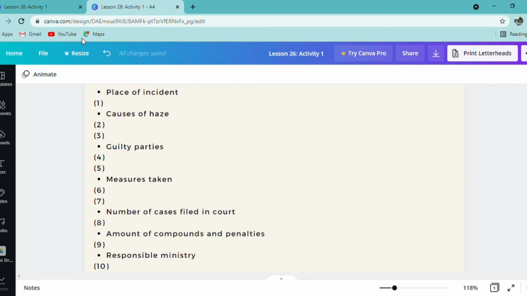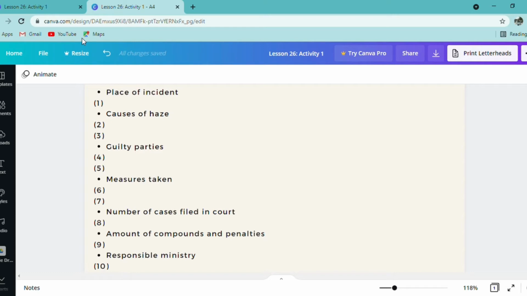Questions 2 and 3 are about causes of haze. Questions 4 and 5 are about guilty parties. Questions 6 and 7 are the measures taken. Question 8 is the number of cases filed in court. Question 9 is the amount of compounds and penalties. Question 10 is the responsible ministry.